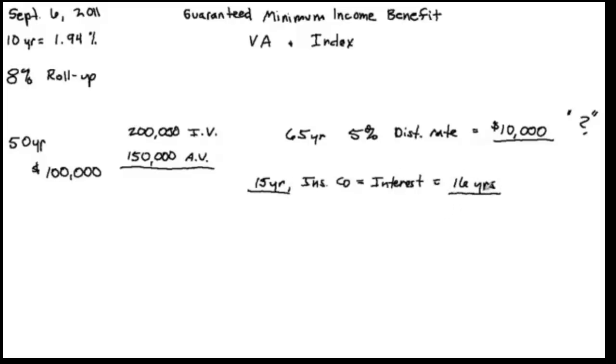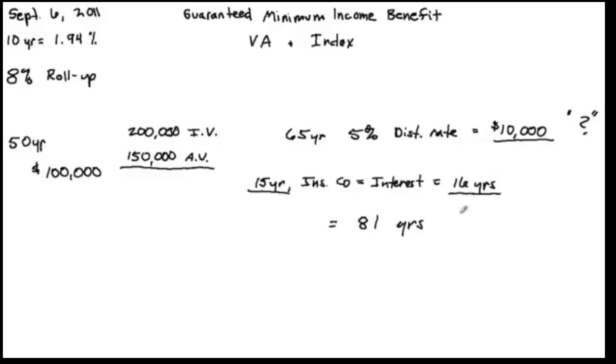So with that 16 years, that takes us to 81 years old. So we know that we're going to get a check for $10,000 until we reach the age of 81.